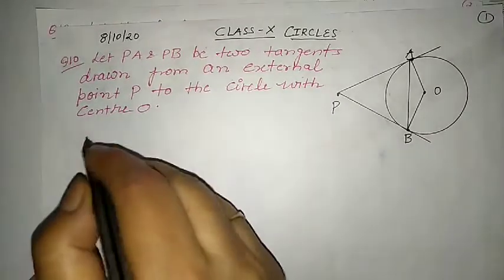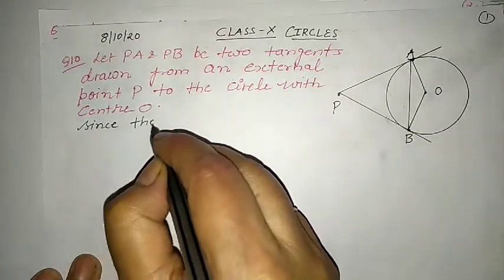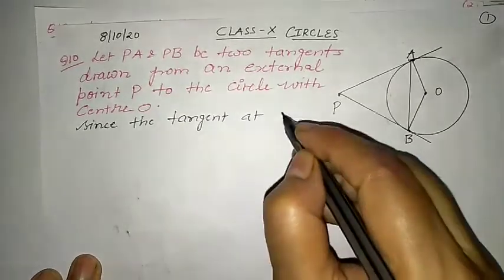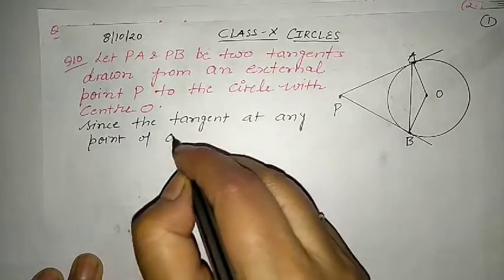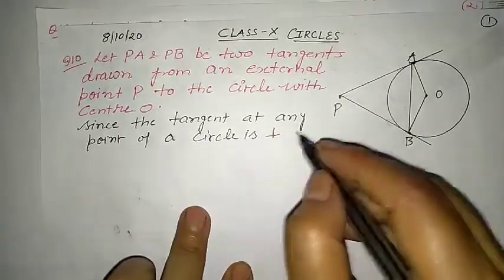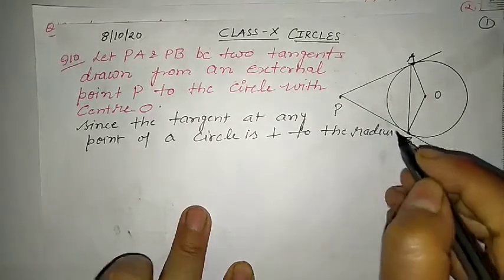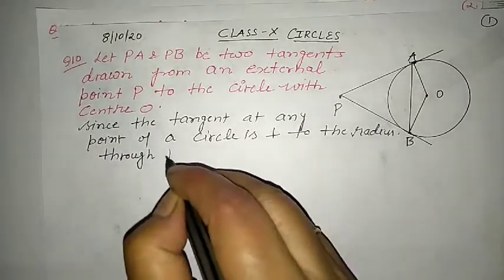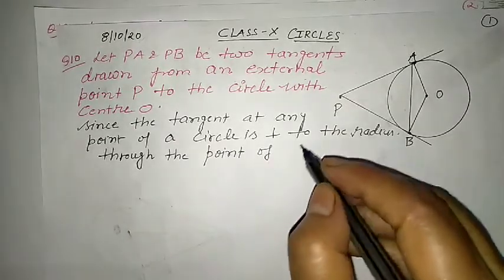Now the same theorem that we discussed in the very first video of the circle applies. So we can write here, since the tangent at any point of a circle is perpendicular to the radius through the point of contact.